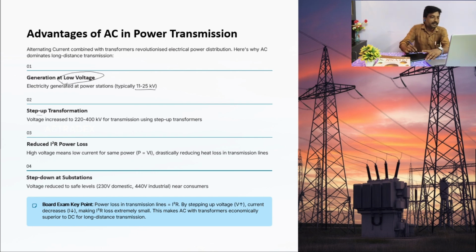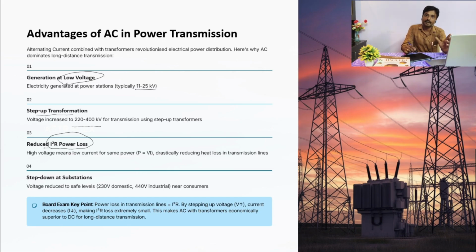And by using a step-up transformer, the voltage can be increased to 220 to 400 kilovolt. Okay, and we can reduce the current, that reduces the copper loss. By increasing voltage, we can decrease the current.